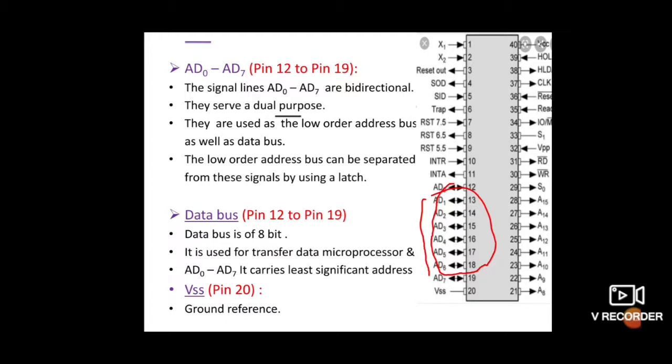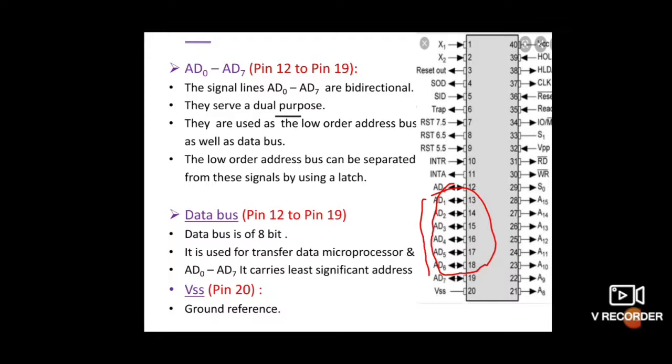The data bus is used to transfer data from the microprocessor to peripheral devices or from peripheral to microprocessor. AD0 to AD7 carries the least significant address.